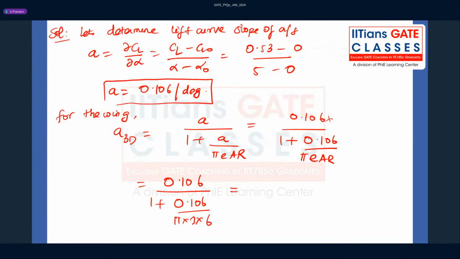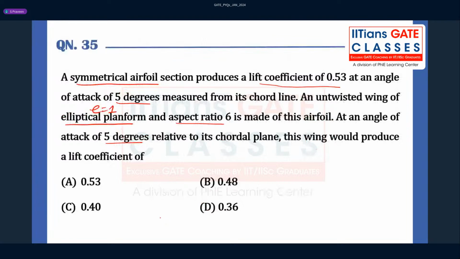This will give a value of 0.08 per degree. If I substitute it back, my CL would simply be 0.08 times 5, which is 0.4. So this is my answer, and you can mark it 0.4.